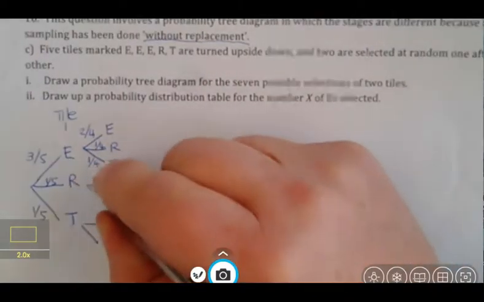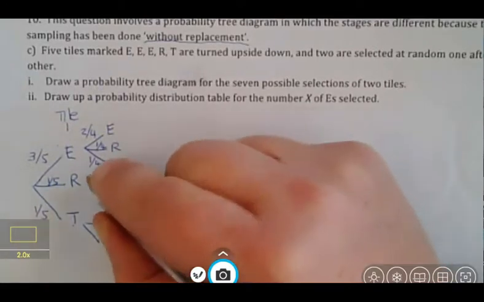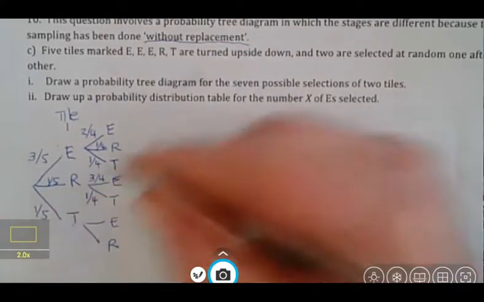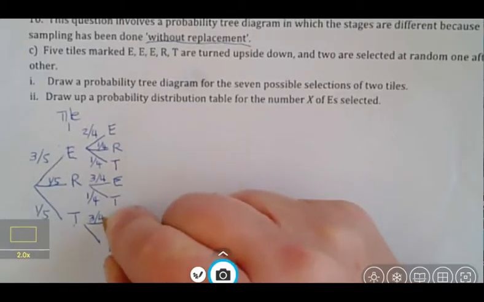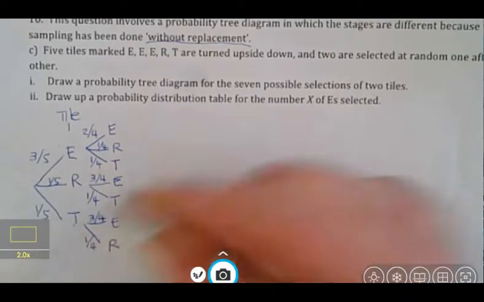If you chose an R, you've still got your original 3 E's left and your 1 T. And same here, if you chose a T, you've still got your 3 E's left and only 1 R.